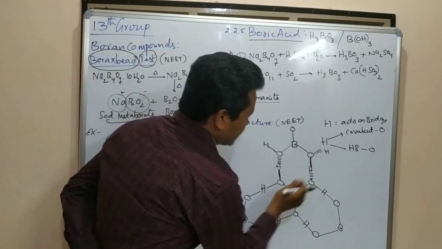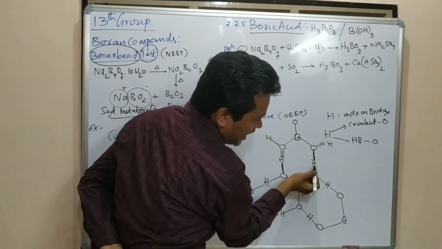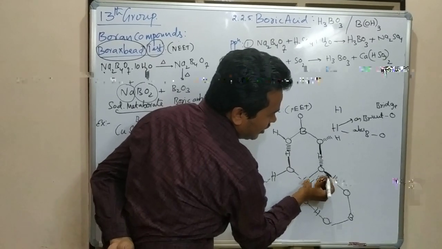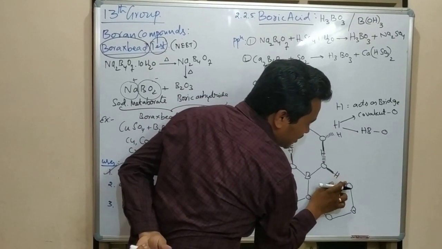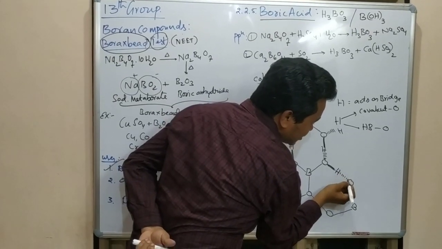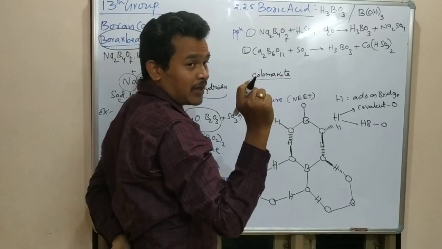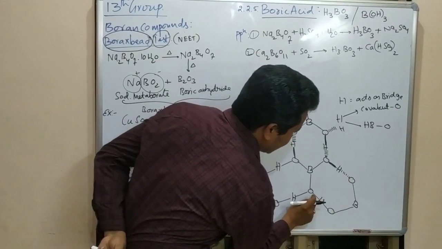Again observe here. Again I am coming here. This oxygen is already making a hydrogen bond, so definitely it will be a covalent bond. This is covalent bond means this will be which bond? Hydrogen bond. I know that in one ring, I am going to maintain 2 hydrogen bonds. This one hydrogen bond means I will maintain here.